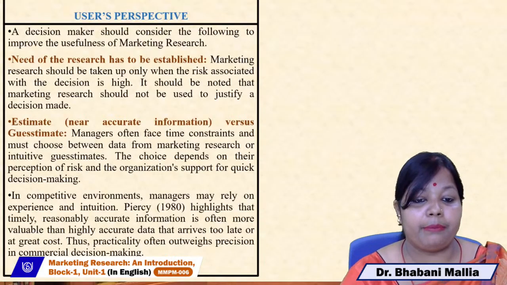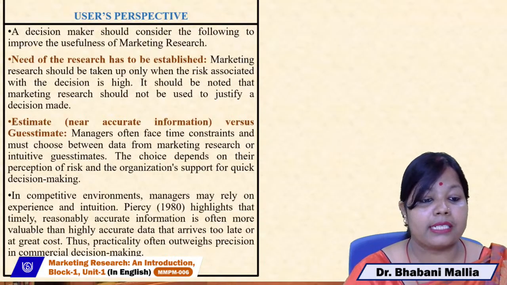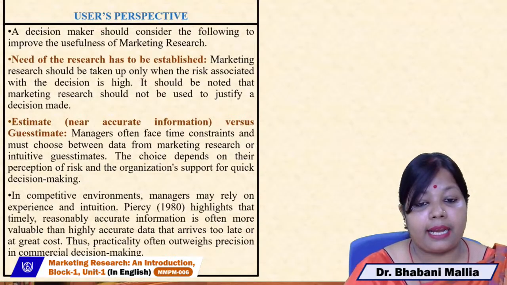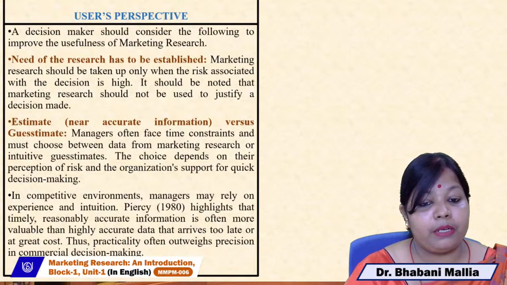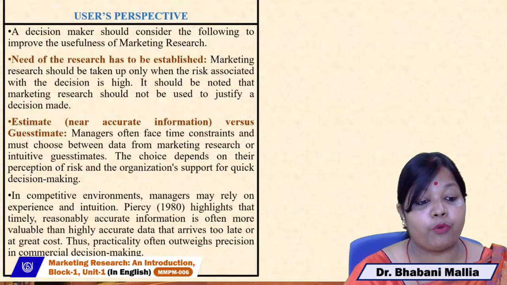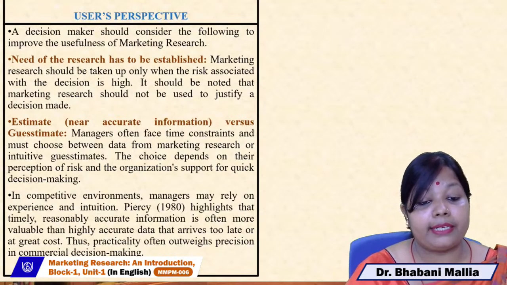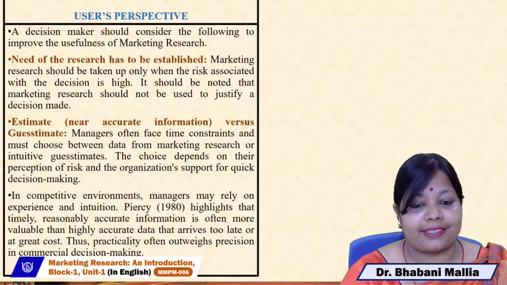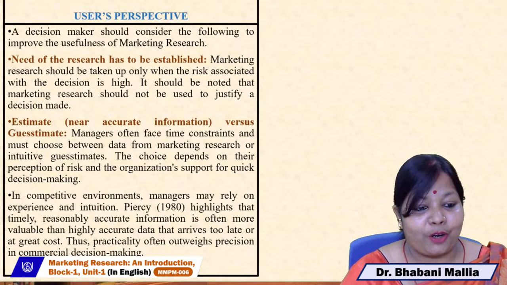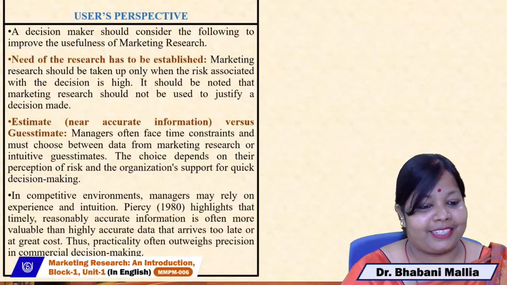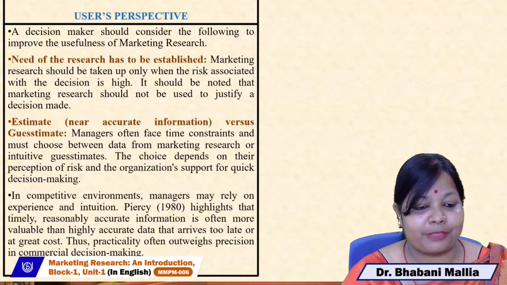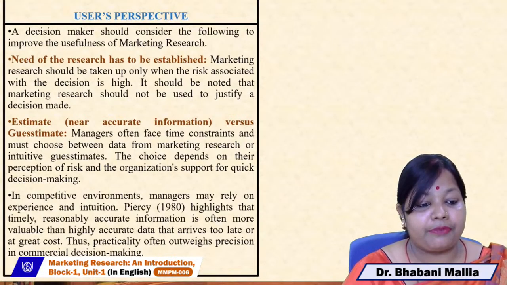In competitive environments, managers may rely on experience and intuition. According to Percy, timely, reasonably accurate information is often more valuable than highly accurate data that arrives too late or at great cost. It is correct in that perspective. Thus, practice often outweighs perception in commercial decision making.